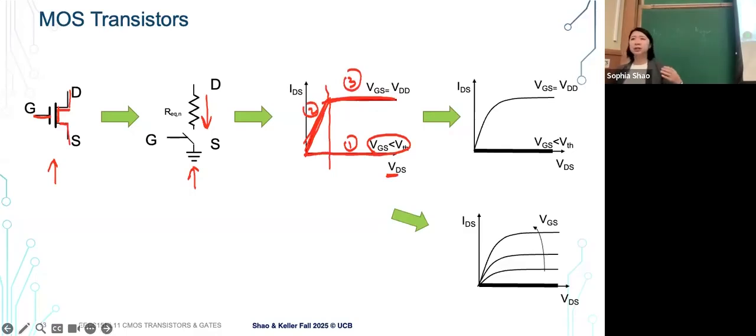At a very high level, it is a switch controlled by the gate voltage. Between drain and the source voltage, there's always this more linear region where it just acts as a resistor. And then there's a more saturation region where things are saturated no matter how big a voltage we're applying here.